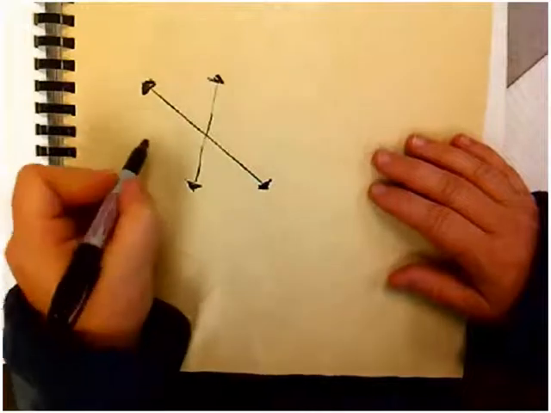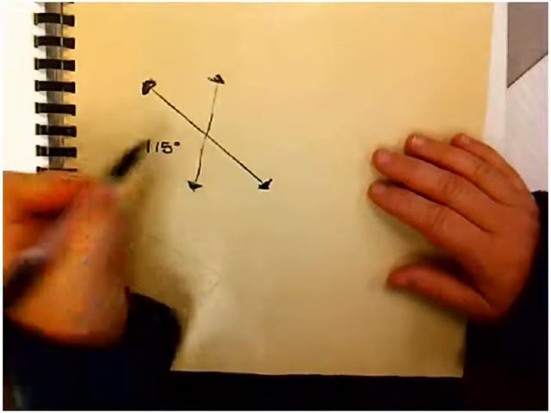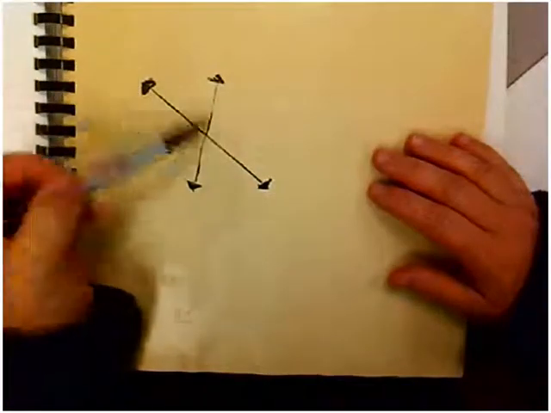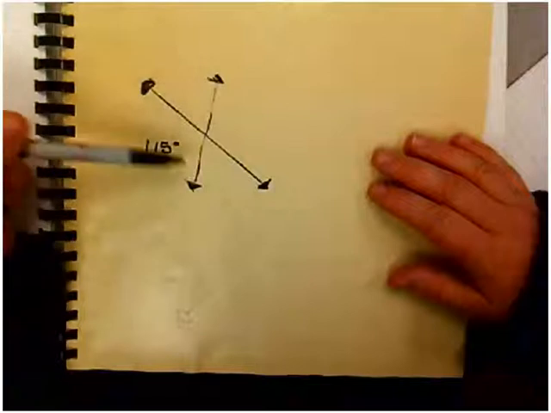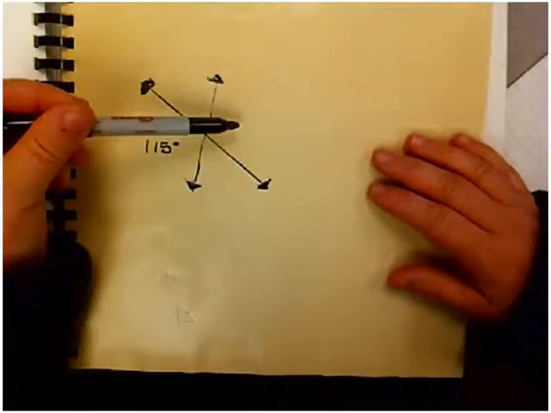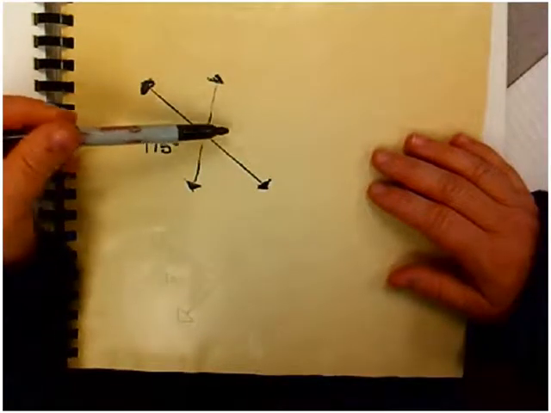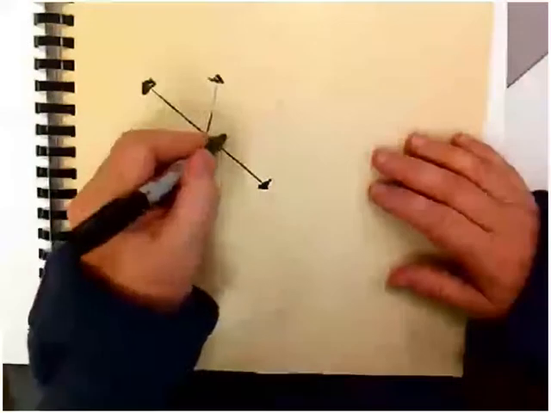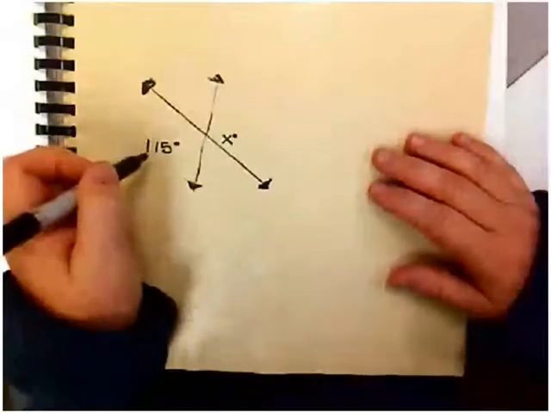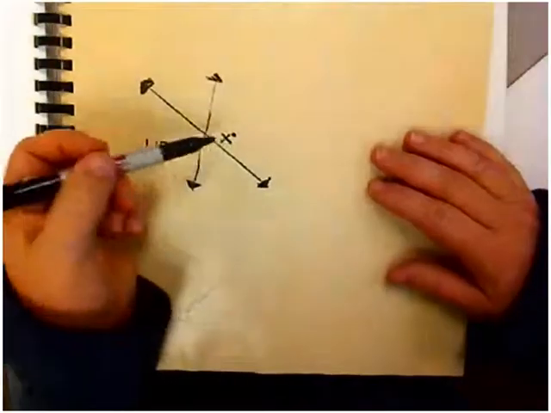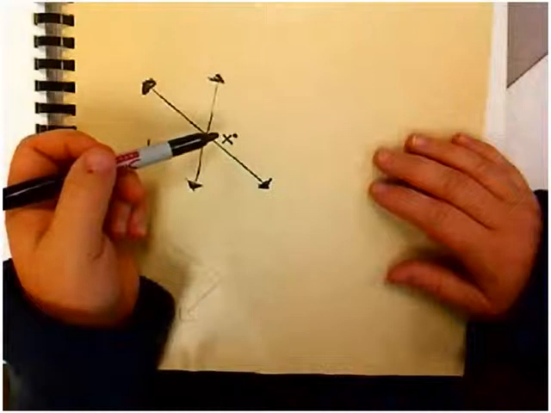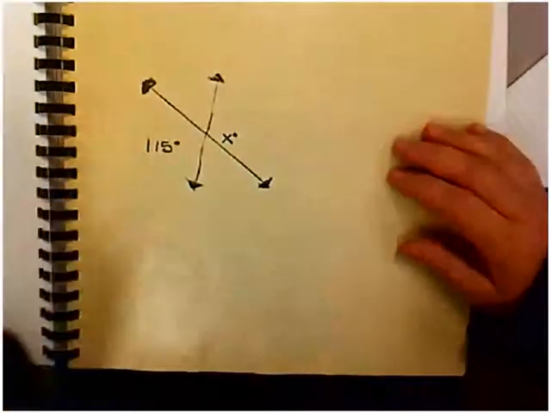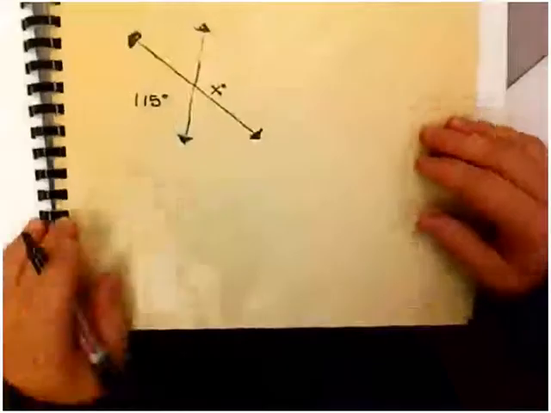So they're congruent. You've created 4 angles, and the two they're identifying are vertical angles, correct? So if one of them is 115, its vertical pair has got to be 115. Piece of cake.